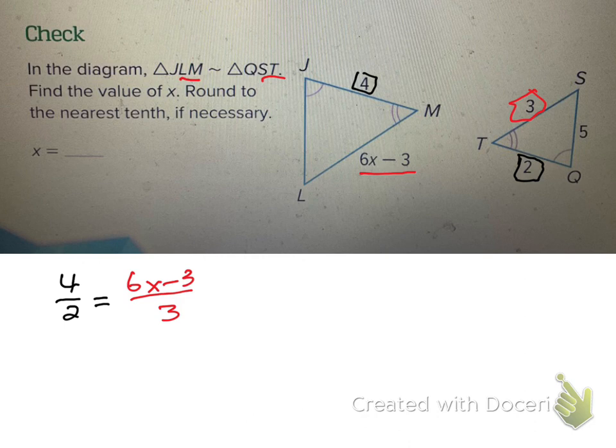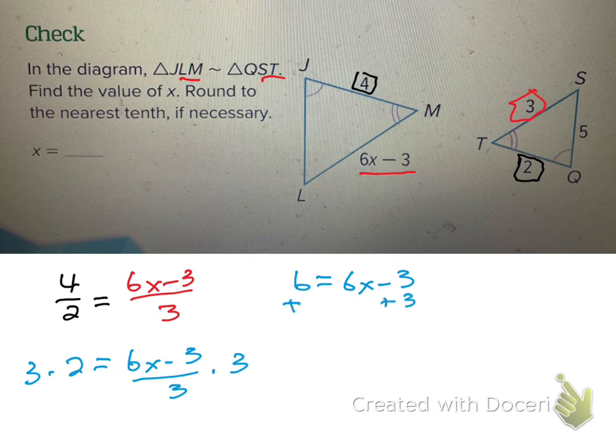The 5 is corresponding with JL, which would have gotten you nowhere. So here, I'm going to simplify 4 over 2 to make it 2 equals 6x minus 3 over 3. Then I'm going to multiply by 3 to get 6 equals 6x minus 3. Add 3. I get 9 equals 6x. Divide by 6, and I get x equals 1.5. Okay?